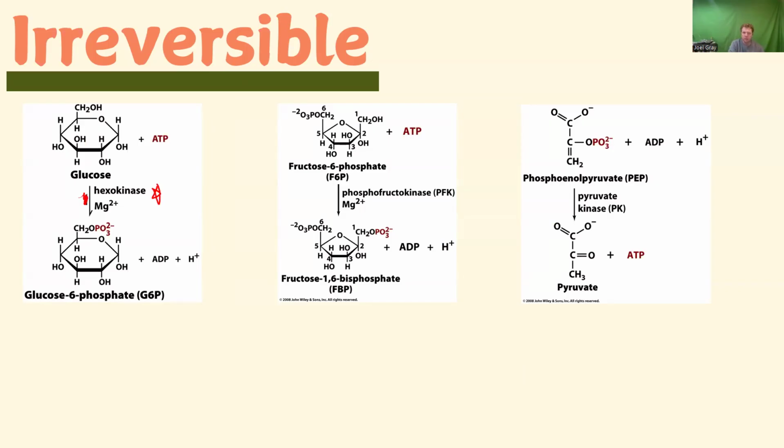Hexokinase is an irreversible step. Phosphofructokinase is an irreversible step. And pyruvate kinase is an irreversible step. So the two steps where you are generating or using ATP are irreversible. One of the two steps where you are generating ATP is irreversible.